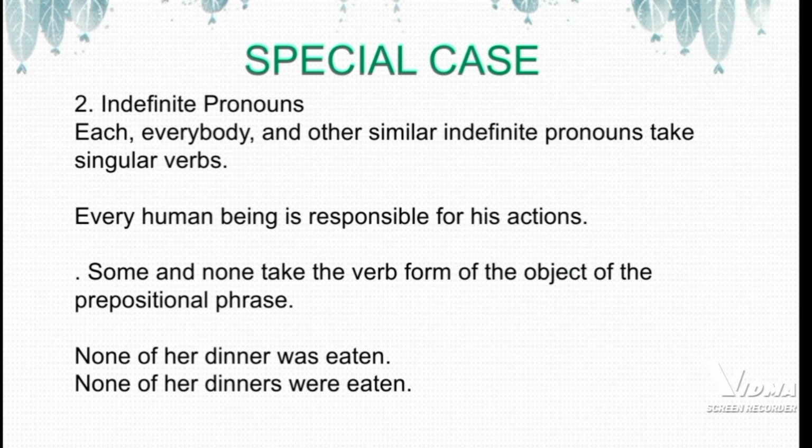Our verb here is was. Is it right? Yes, it is. Next is none of her dinners were eaten. Our prepositional phrase here is of her dinners, which is plural, so our verb should be plural. Verb were. None of her dinners were eaten.